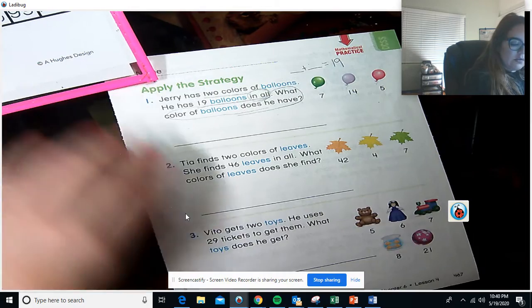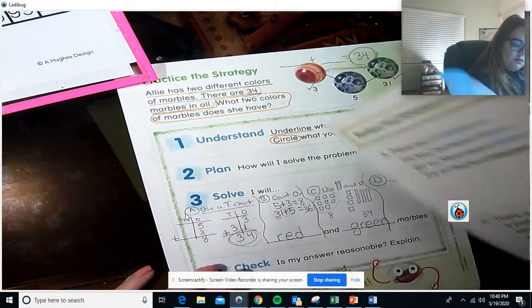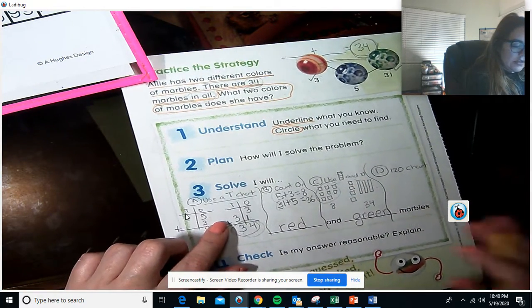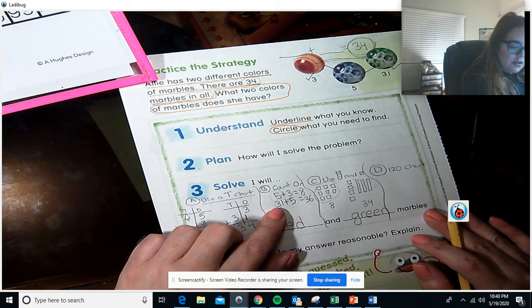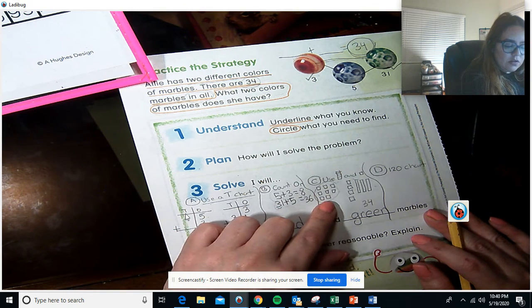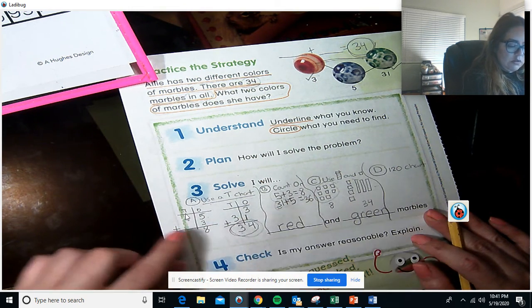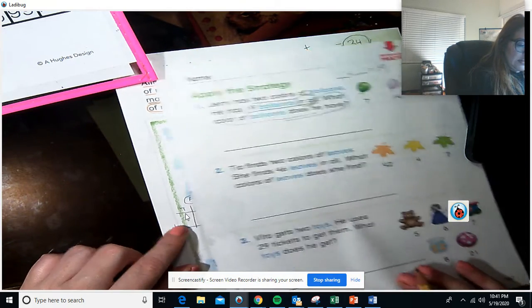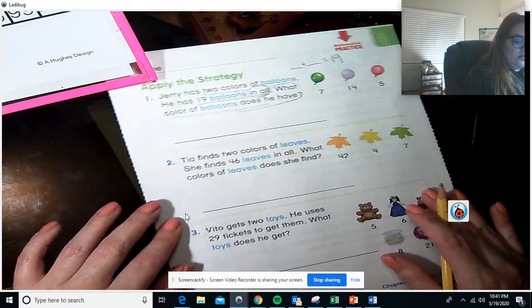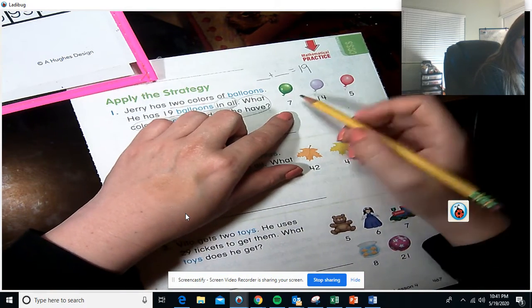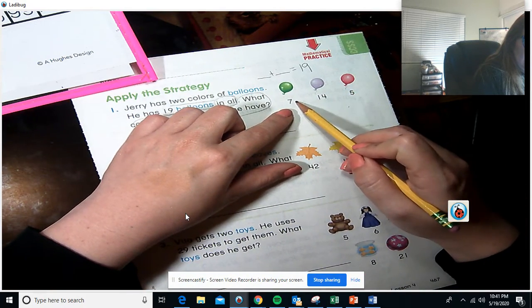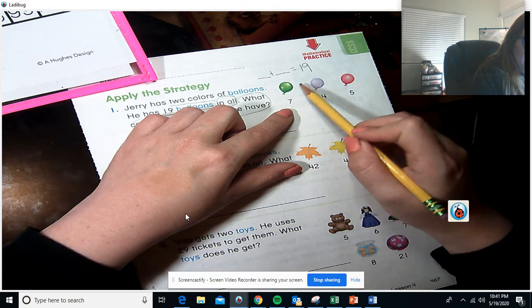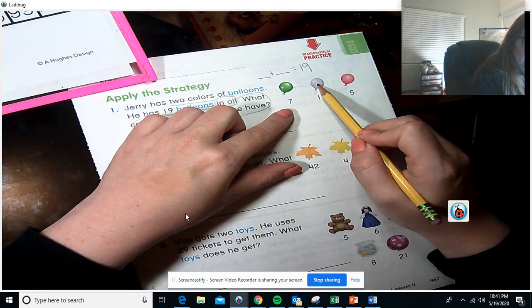So the strategy we're going to use, you get to pick. We had using a T-chart, counting on, using pictures, or using your 120 chart. For this one, we're going to do counting on. Okay, so we're going to set up our 3 formulas. We're going to do 7 plus 14.